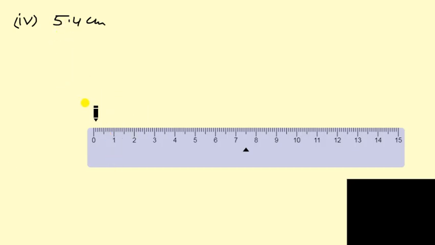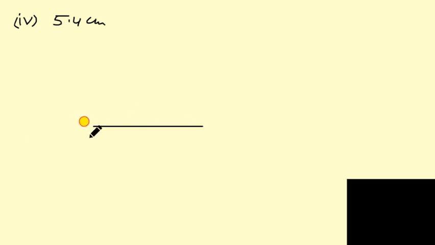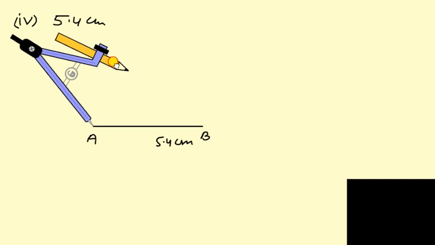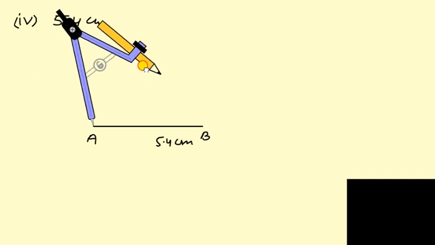Now write the point. This one is C, and C is the bisector of AB. Point C is the bisector of AB. So now come to the fourth part.